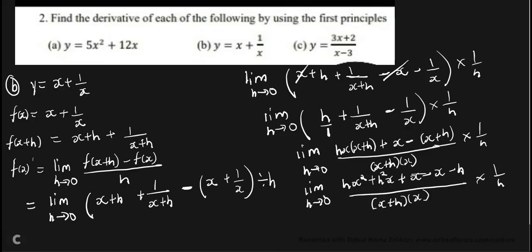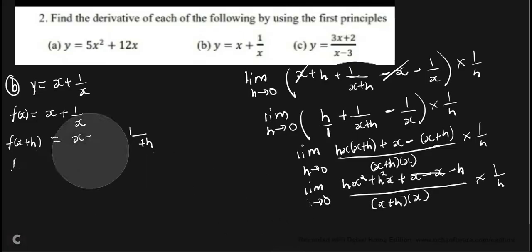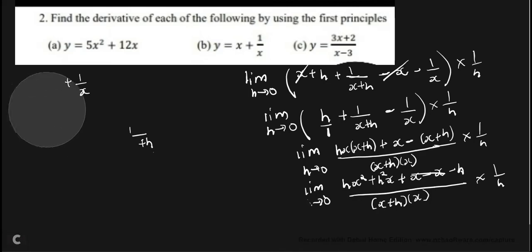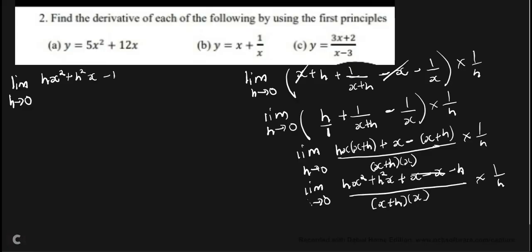Then the next thing, this part here, they'll subtract, right? What you remain with is this one. Let me just clean this part so that you can use it. Then you have the limit as h approaches 0 of hx squared plus h squared x, then minus h over x plus h, then x there, times 1 over h.